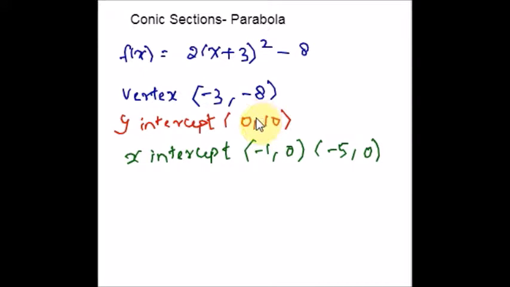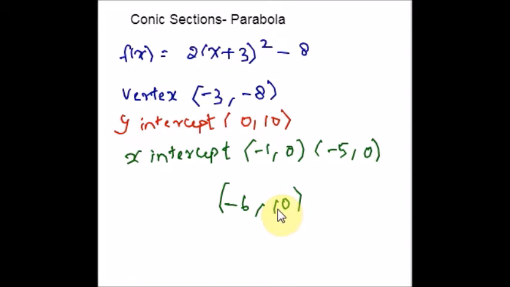So, since the x-coordinate of the vertex is -3 and this new point is a distance of 3 to the left, its x-coordinate must be negative 6. Am I right? The coordinates of this new point are then (-6, 10).